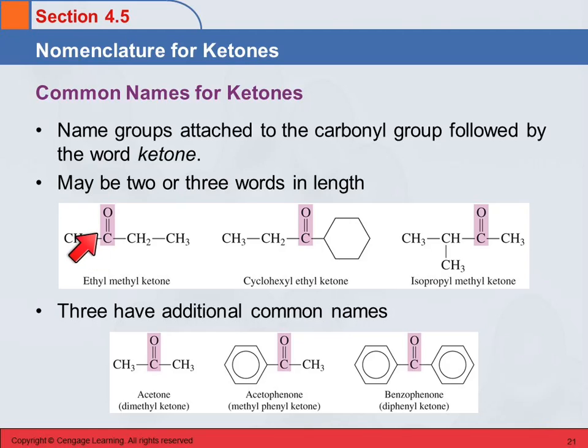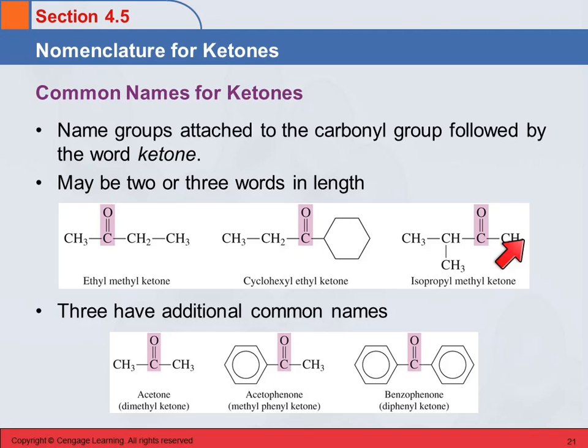This carbon doesn't technically play in with either of these, but it gets in as the ketone. So we're saying here's the ketone group, what's attached to it? Here's cyclohexyl ethyl ketone. This is cyclohexane. As a group, it's called cyclohexyl. That's attached to one side of this, and ethyl is on the other. Cyclohexyl comes first. Cyclohexyl ethyl ketone.